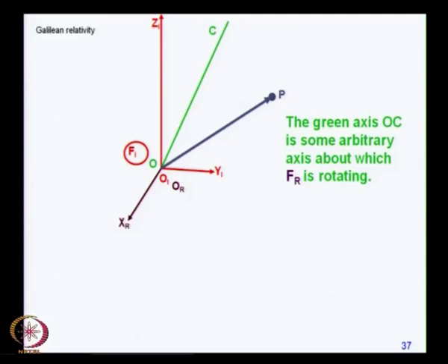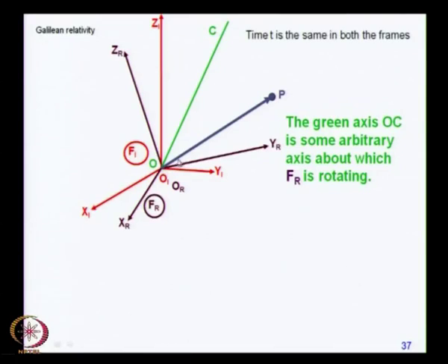So, OC is some arbitrary axis and about this axis you have the second frame of reference which rotates.